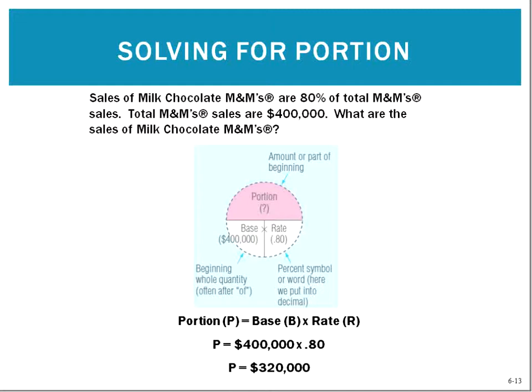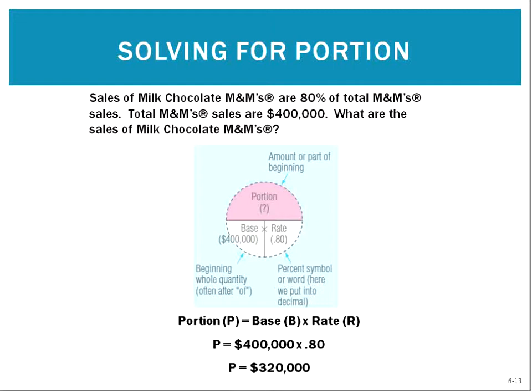So the sales of milk chocolate M&Ms are 80%, remember percent is the rate, of total M&M sales. Total M&M sales are $400,000. Total is your base, your total quantity. So what are the sales of the milk chocolate M&M? That is your portion. Milk chocolate is 80% of 400,000.